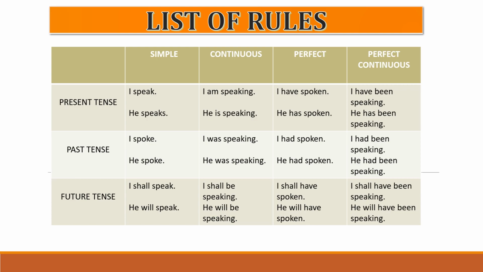Now, moving towards the next section, that is past perfect. In past perfect, the rule is at first you have to write subject and then auxiliary verb, that will be only had, and then V3, that is also called past participle form of the verb.